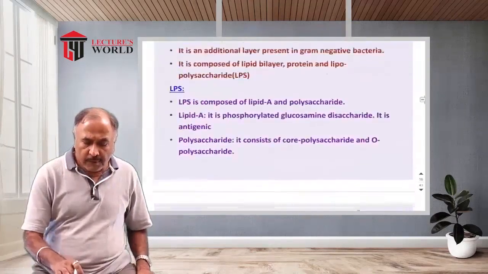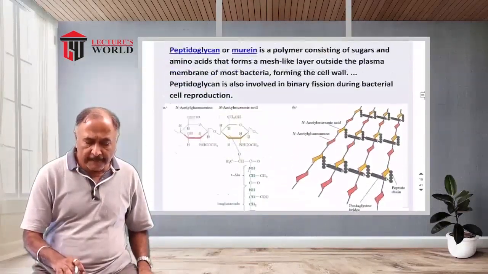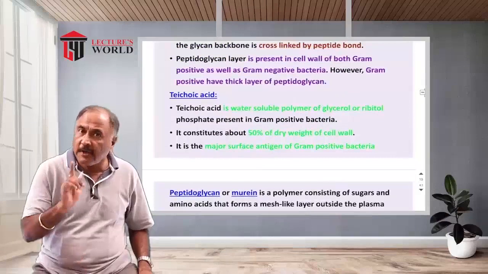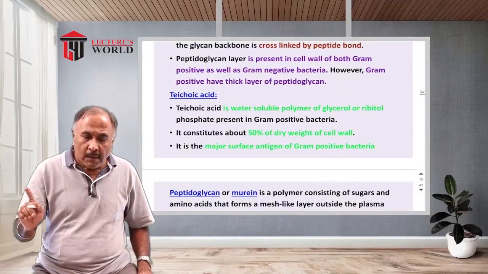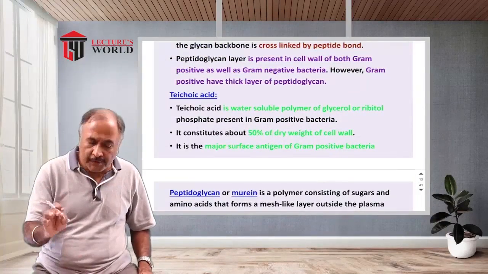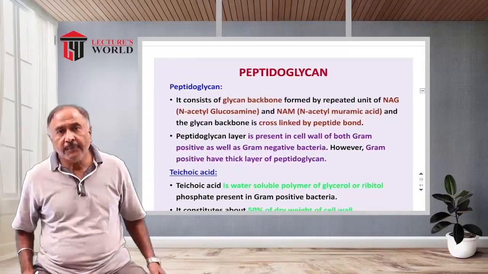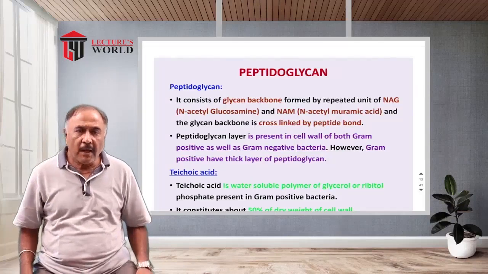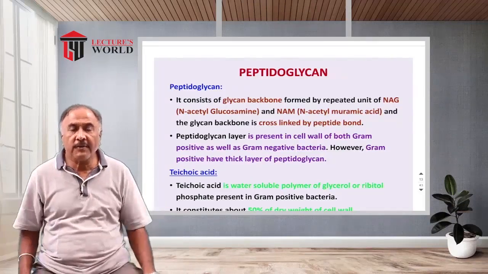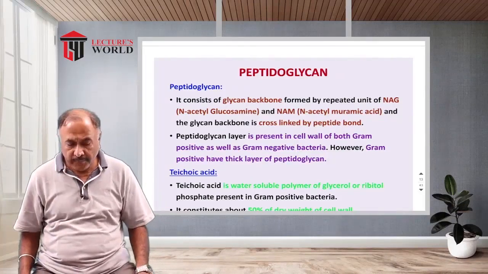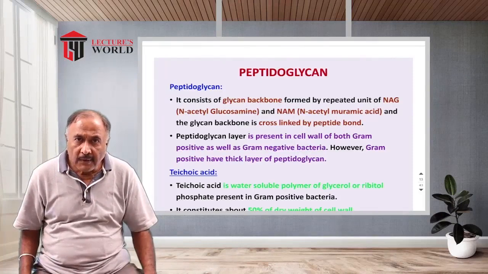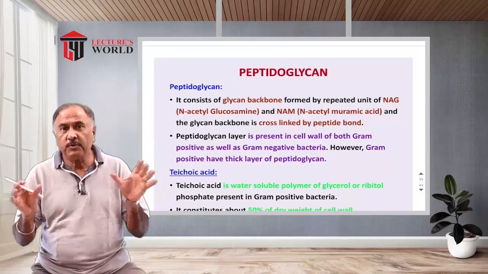Now, the peptidoglycan is present in both gram-positive and gram-negative, but in gram-negative, it is thinner. If you see the structure of this peptidoglycan, it has a glycan backbone. Glycan means sugars, a sugar backbone.